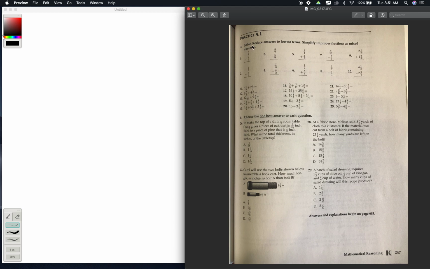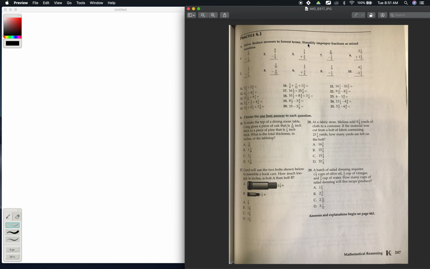If the GED does tell you to do that and you don't do it, then most likely you'll get that answer wrong. So solve wants us to solve it. It also wants us to reduce answers to the lowest terms.